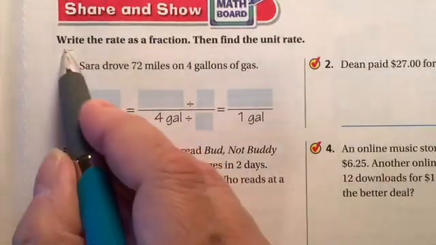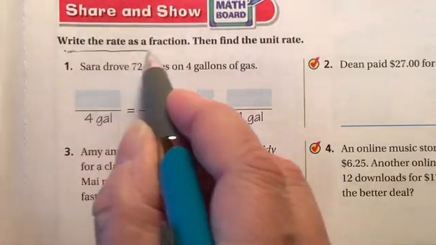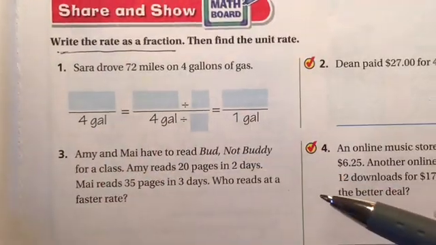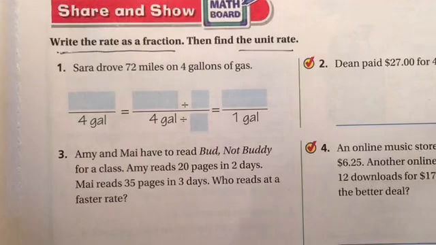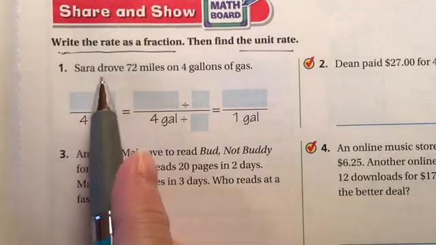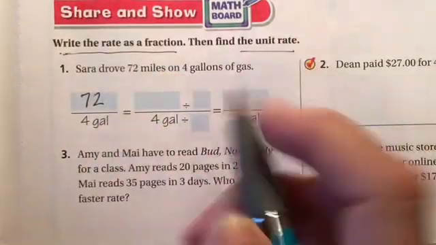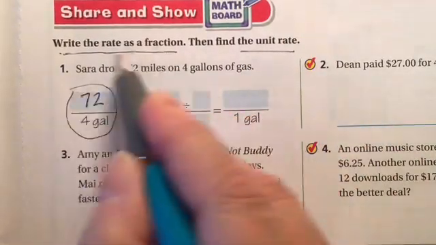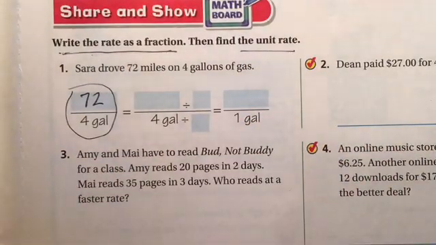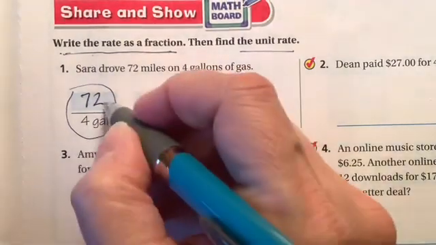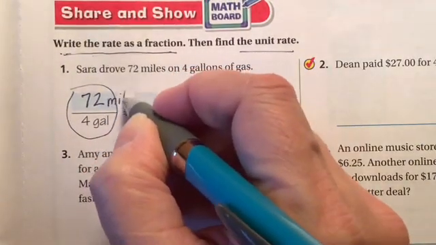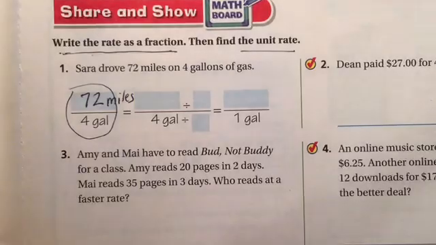So our directions: write the rate as a fraction. That's the original rate they give you, and then find the unit rate. Sarah drove 72 miles on 4 gallons of gas. So right here is the first part, write the rate as a fraction. But I didn't put my label in there, and I need that.